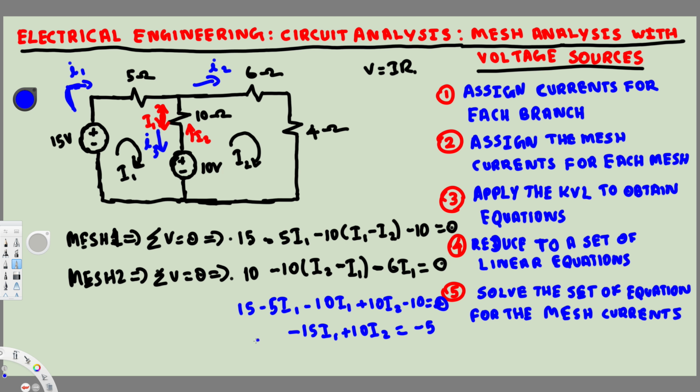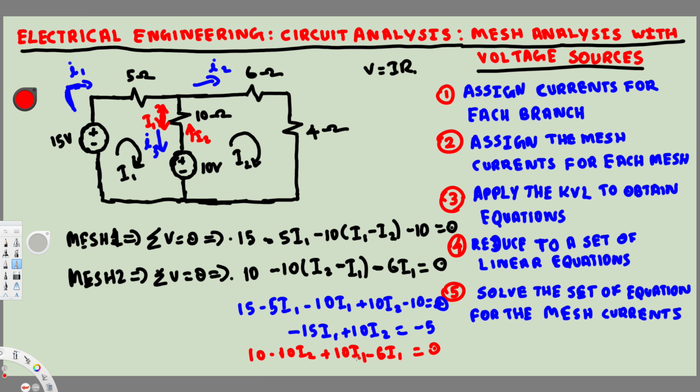Let's solve the second one. Second one, we have 10 minus 10 I2, and then we have 10 times minus 10 times minus, that's going to become plus 10 I1 minus 6 I1, that's equal to 0. And let's simplify.